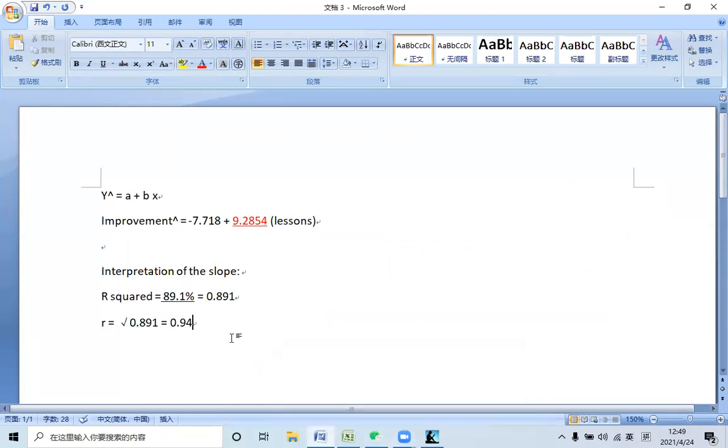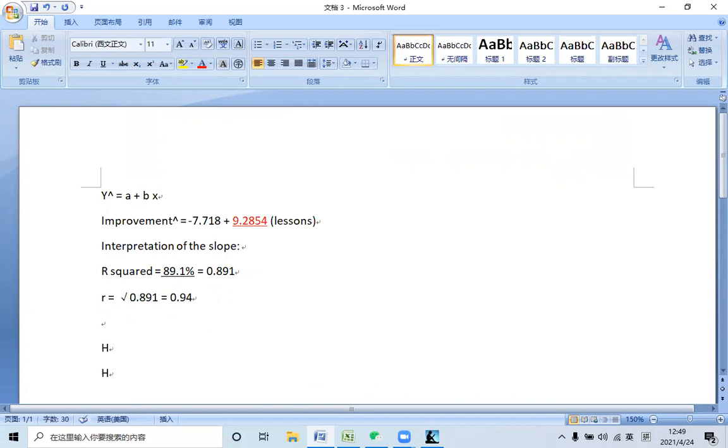And then let's do the hypothesis testing. In hypothesis testing, we start with two hypotheses. Let's start with the null hypothesis.